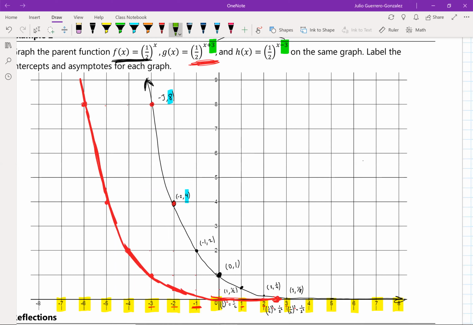Okay, last one. What's that -3 do? Moves over to the right 3. Moves over to the right. So it still works out the same way. Whatever the sign is, opposite of the sign, that's the direction you move it in. So 1, 2, 3.